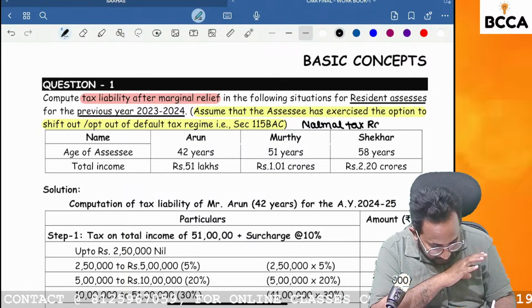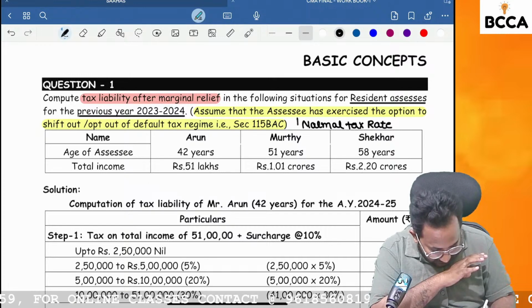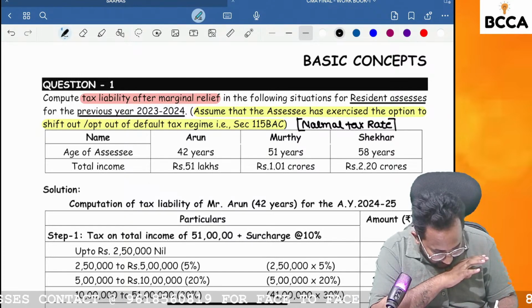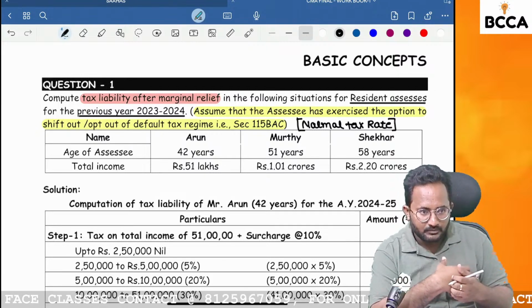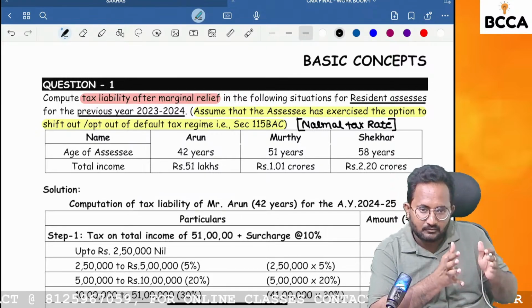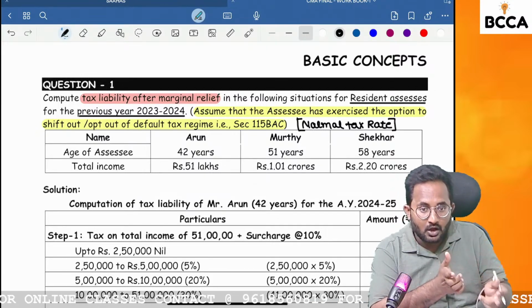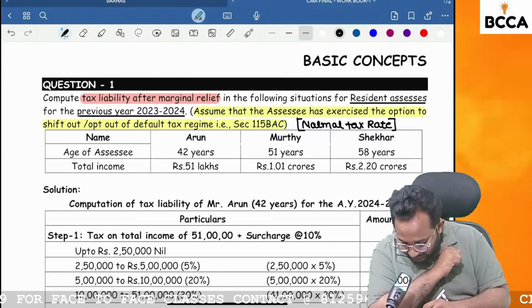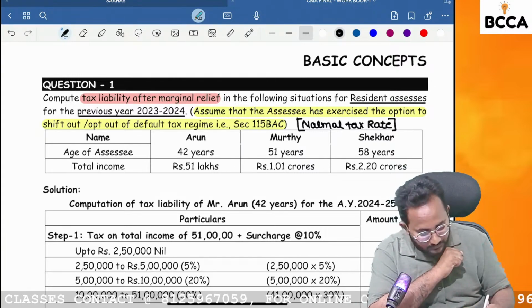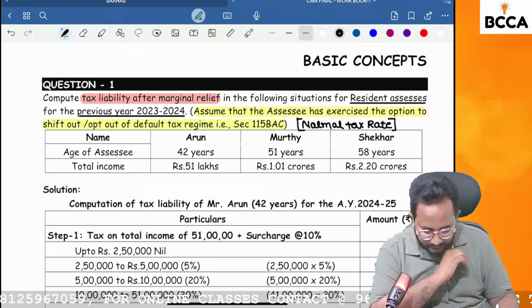You have to understand this terminology, because in our examination they will definitely give you this terminology. What is the default tax regime? 115BAC. Since you opted to shift out of it, we follow the normal tax rate only.